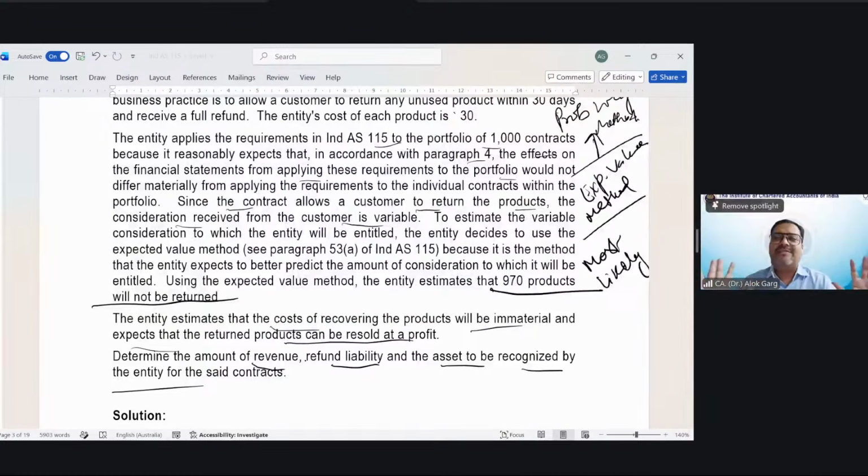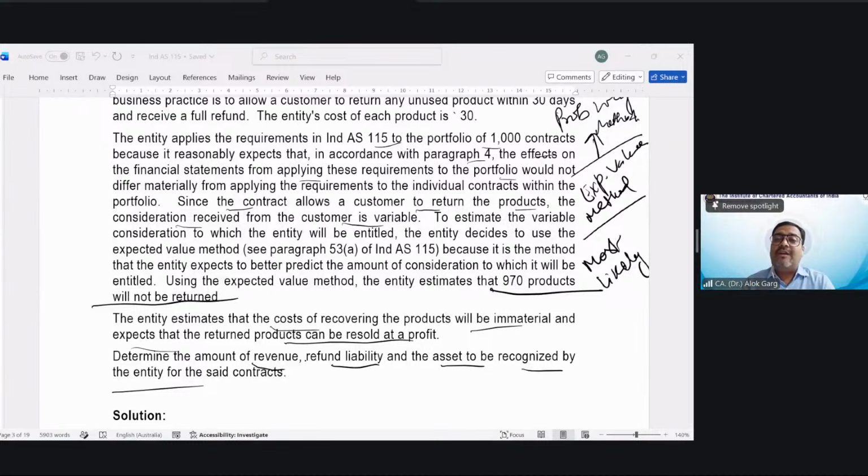So my dear friends, first of all, tell me how much money we have received. Sir, have we received money for 970 customers or from 1,000 customers? Sir, we have received the money from 1,000 customers.